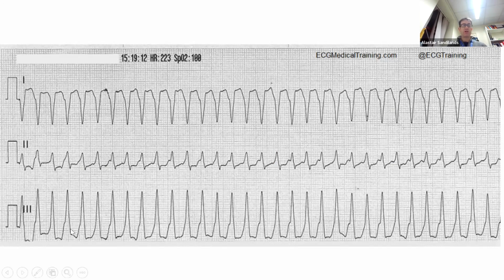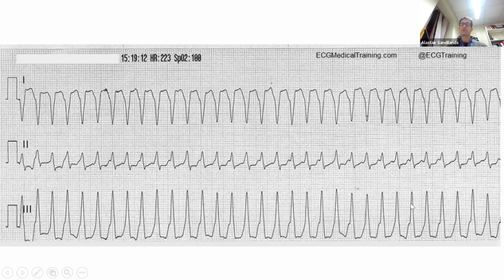So when we look at tachycardias now, this is just a rhythm strip of a tachycardia that's regular. You can look at the QRS heights, they look pretty much the same as you go along. You've got a negative delta wave here. You've got a positive delta wave in there.